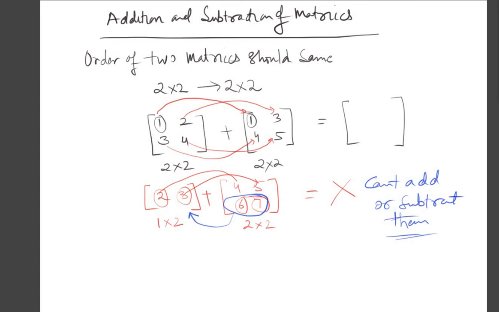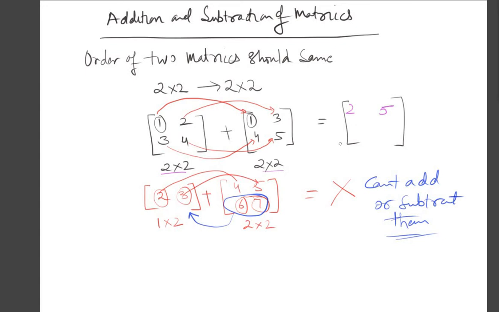Now, let's go to the original example where we were trying to add a 2 cross 2 and a 2 cross 2. Can you start giving me the individual addition elements in the final matrix? What would be the first element? If I add 1 plus 1, it would be 2. Great. Give me this element here, A12. 5.